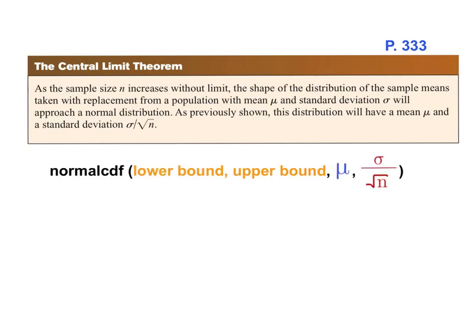Okay? So everything's the same here as what we've done before, except we have to make the adjustment with the standard deviation. Okay? And actually this should technically be x with the bar on it, because mu is the mean for the population, but I didn't want to change it just because you're going to pull the mean, and whether you use mu or you use x with the bar on it, you're going to use the mean.